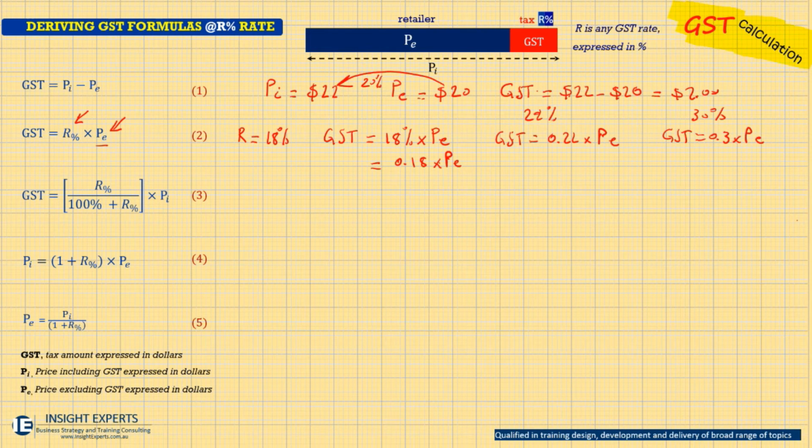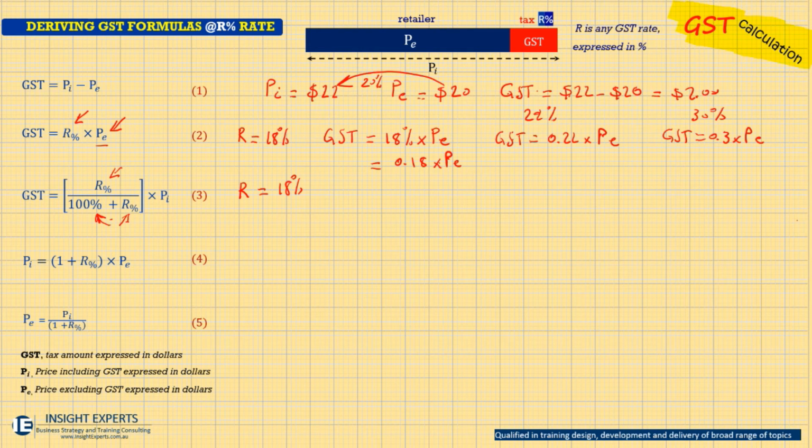Let's start with the tax rate of, say, again 18%. What formula number 3 dictates is that you simply put the rate on the top and also at the bottom, but at the bottom you add 100% to it and then multiply the whole lot by PI.